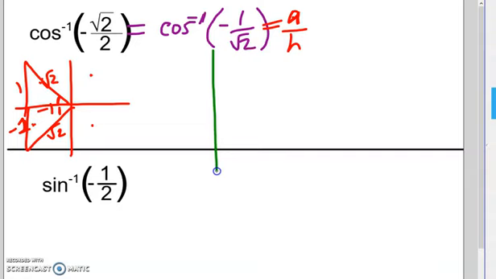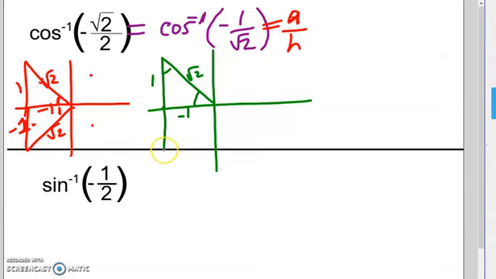So let's take a look at what our angles could be. We have 1 and 1 and square root of 2, so I know it's a 45, 45, 90. This is 45 degrees, that is 45 degrees. We really only care about the reference angle. So this reference angle is 45 degrees, and this reference angle here is 45 degrees. Now what possible angles could my answer be?